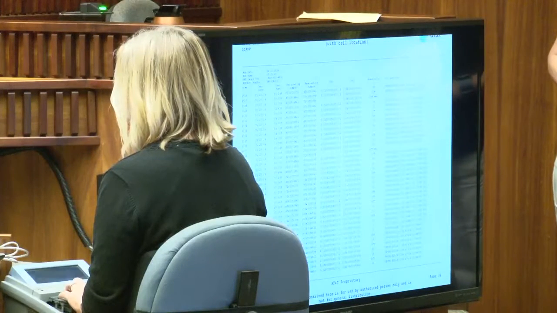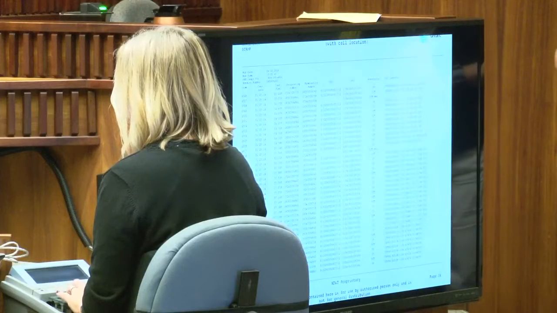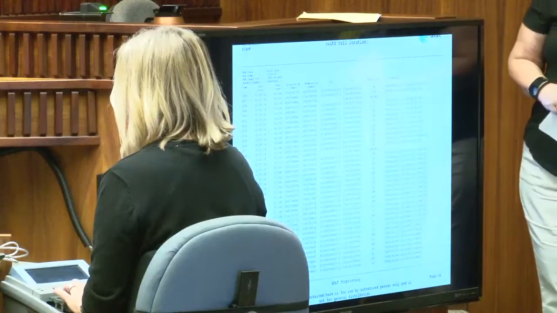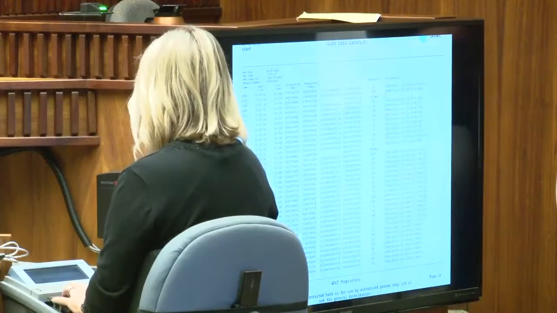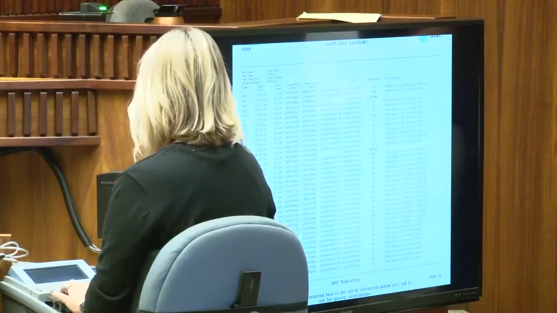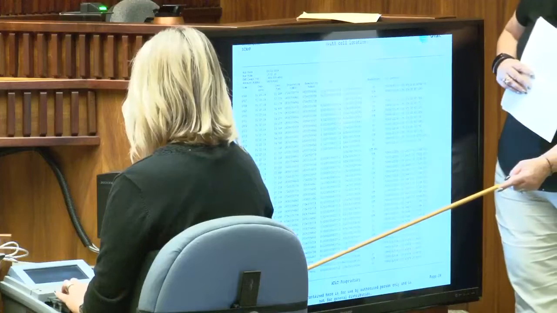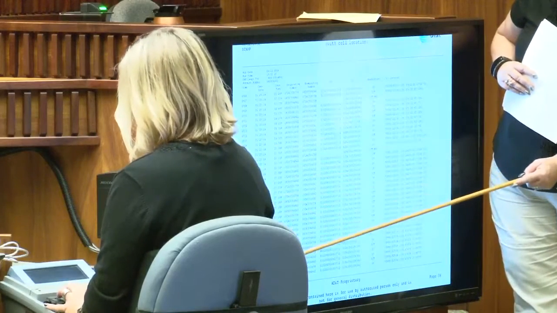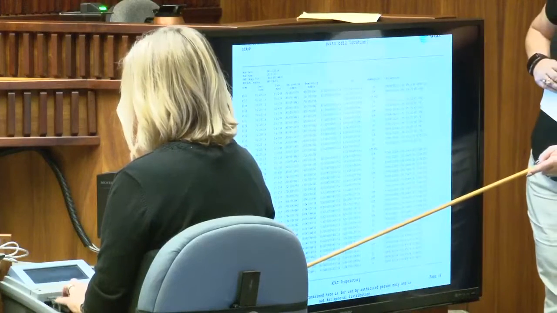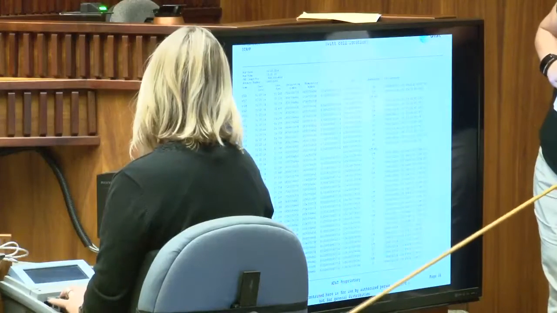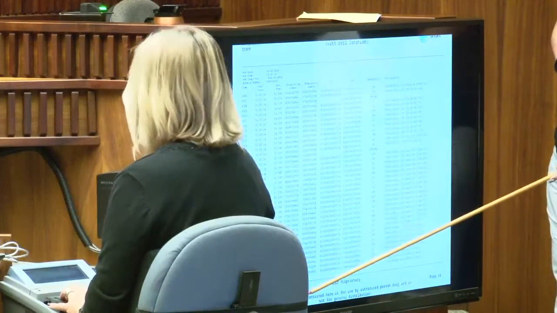All right, so like we did for the other two pages, can you give us a tour of page number 36, please? Absolutely. The first column is once again the line number item on this particular report. The second column is the date. The third column is time.